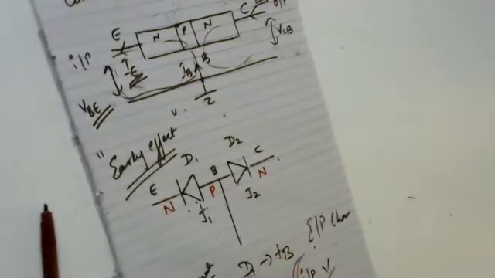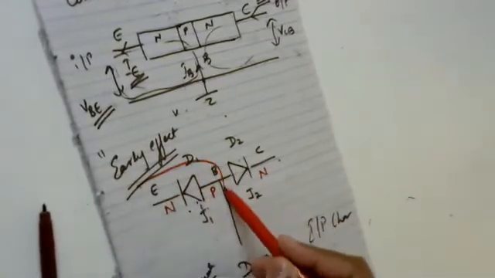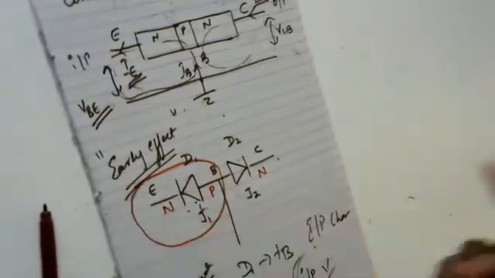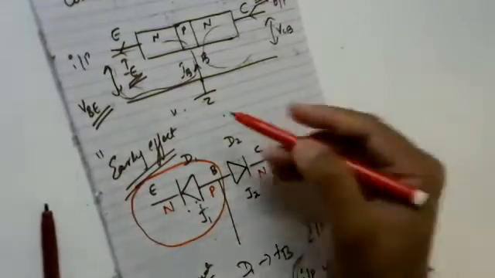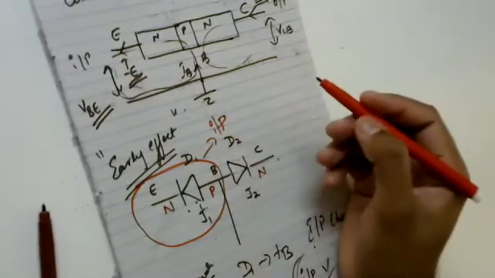I am going to plot a graph for this particular diode. Do you agree? So this gives me my input characteristics.